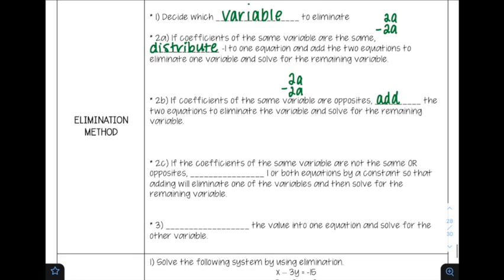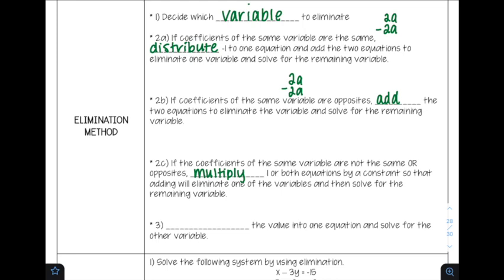The third scenario for the second part: if you have coefficients of the same variable that are not the same or opposites, you're going to have to multiply one or both equations by a constant, so that when you add, it will eliminate one of the variables.